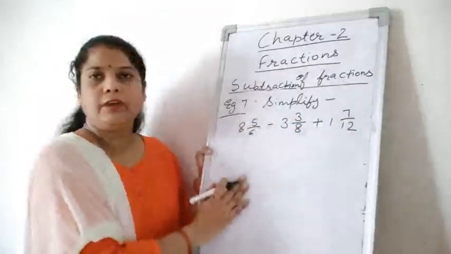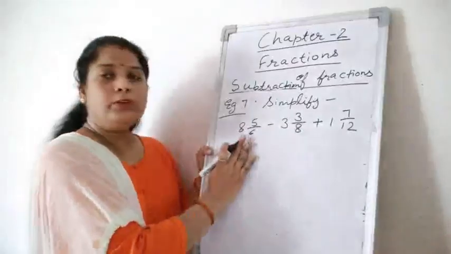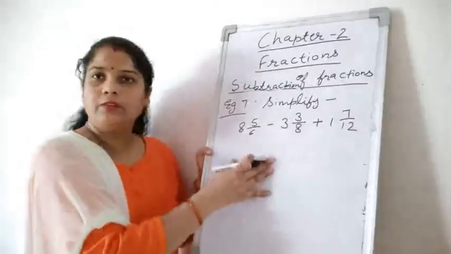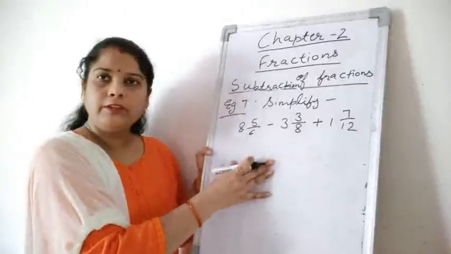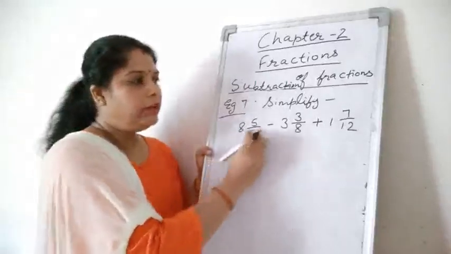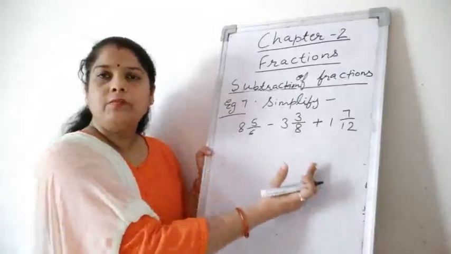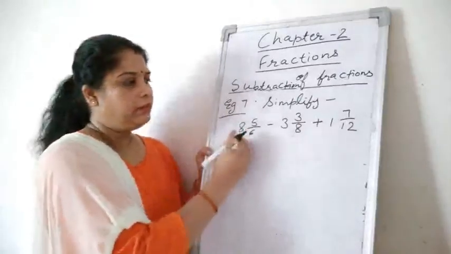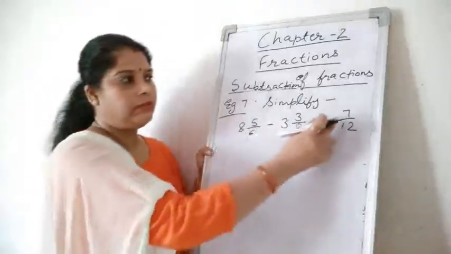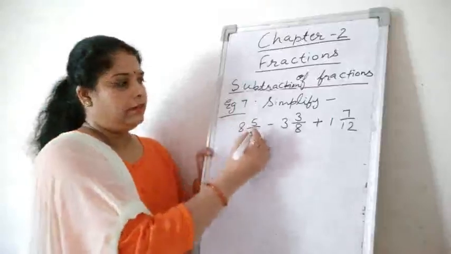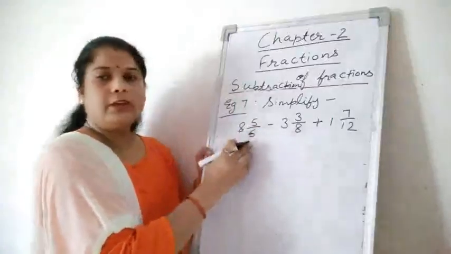We have to simplify it. We have 3 numbers here, all in mixed form. First we will convert them into improper fractions and then we will write the positive numbers together and negative numbers separately. The positive numbers are 8 5/6 and 1 7/12. But afterward we will arrange it.